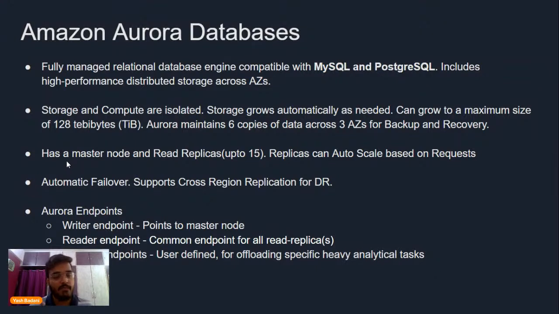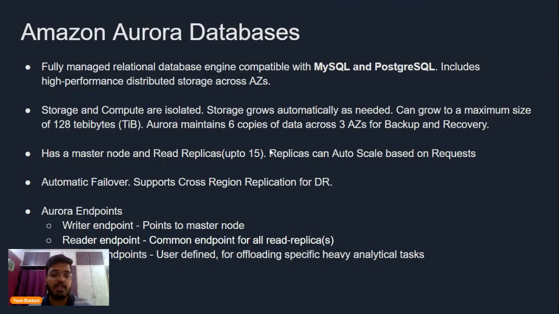You can have a master node where your write requests will go. Your write requests will always go to the master node, and that will be replicated to the other read replicas. Let's say you have 15 read replicas you created across the availability zones within the region. You can also have cross region replication for DR activities, and you can have automatic failovers to that particular DR. Of course, it takes some time to fail over to the other read replica and upgrade it to a standalone primary database, basically another master node within my cluster.